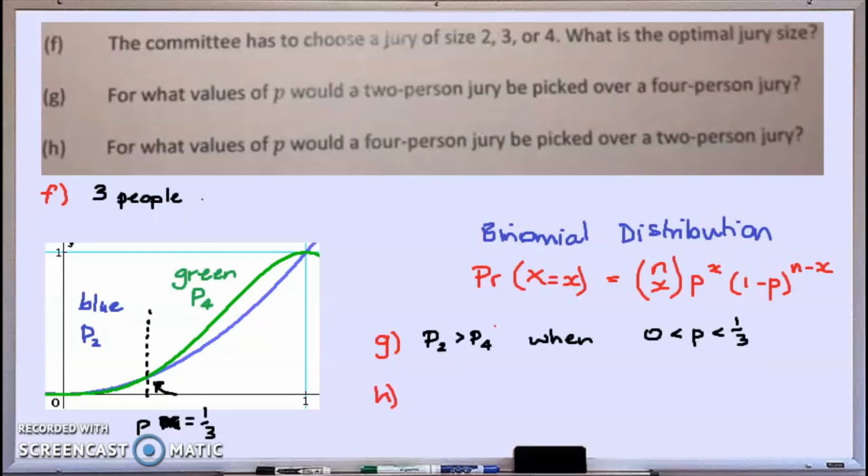And then the other side is when green is greater, so when P4 is greater than P2, when P is greater than 1/3, but less than 1. And that'll tell you when you should choose those numbers of people.